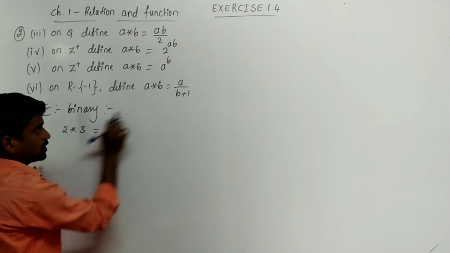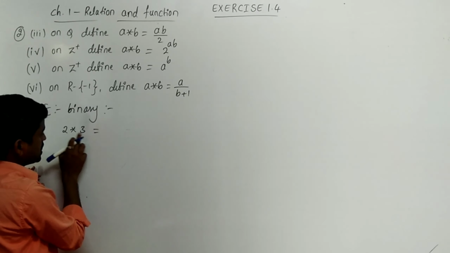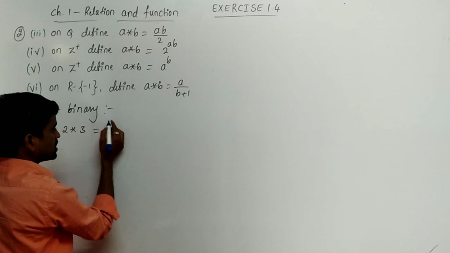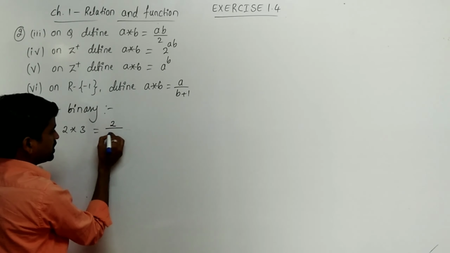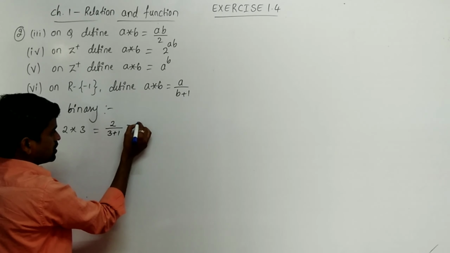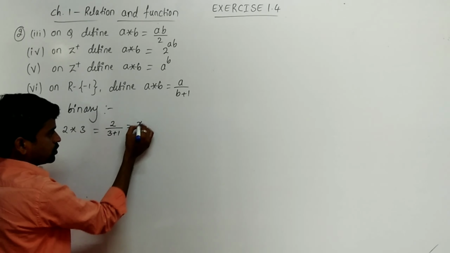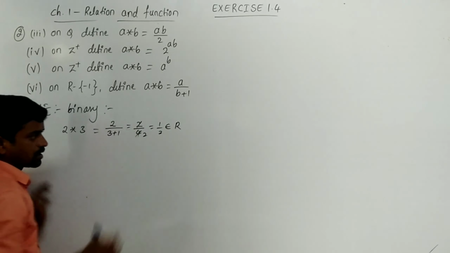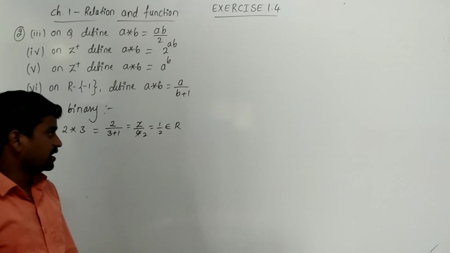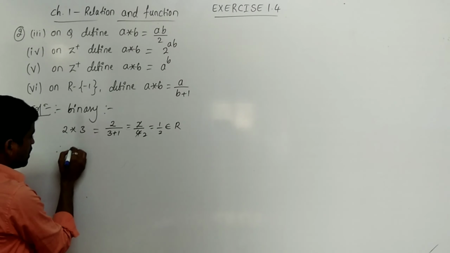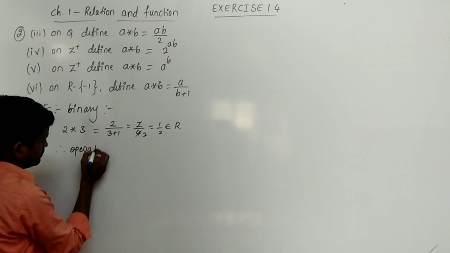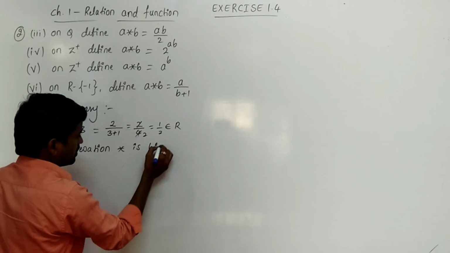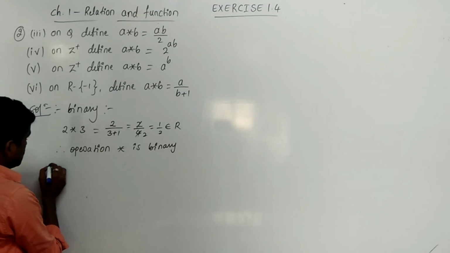Here a is 2, b is 3. a divided by b plus 1 is 2 divided by 3 plus 1, which is 2 divided by 4, that is 1 by 2. 1 by 2 is also a real number. Therefore star is binary. Or is star commutative?